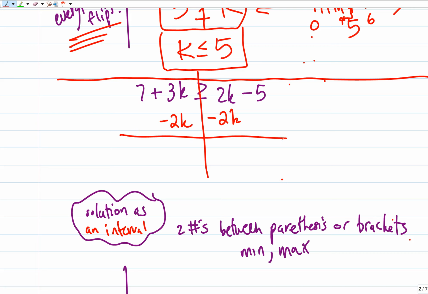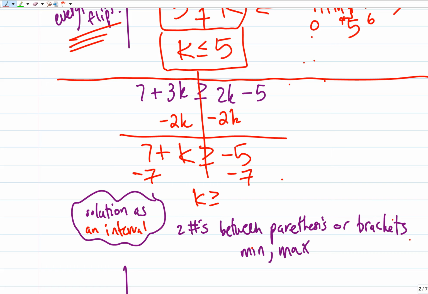Okay, what's left on the left side? 7 plus k greater than or equal to... Are we done solving it? No. How do I get that k by itself? If I do it to one side, do it to the other, so that k is greater than or equal to... And oh wait, you can put that in your calculator.